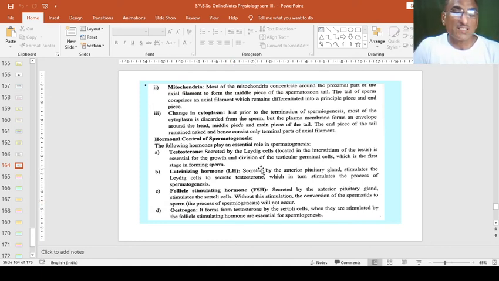The spermatogenic or generative cells which form the sperm are supported by four Sertoli cells on four sides, and they secrete the hormone estrogen, which is very necessary for spermiogenesis. We have seen the differentiation of sperm.